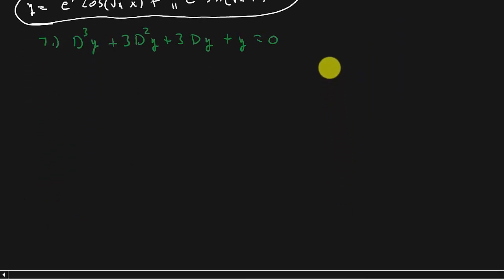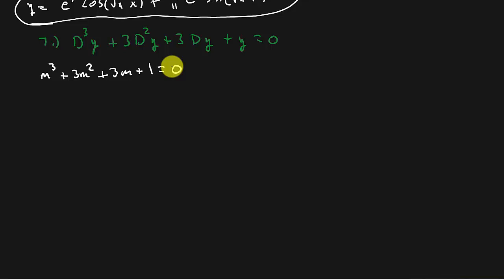All right, so let's take a look at this one. We've got m cubed plus 3m squared plus 3m plus 1 equals 0. Oh man, now how do we go about factoring this?